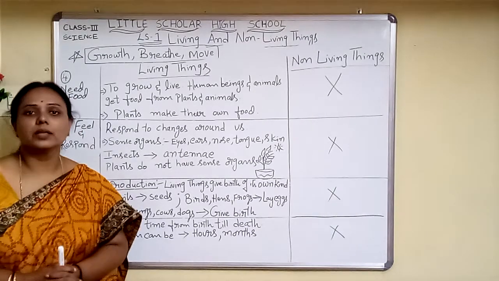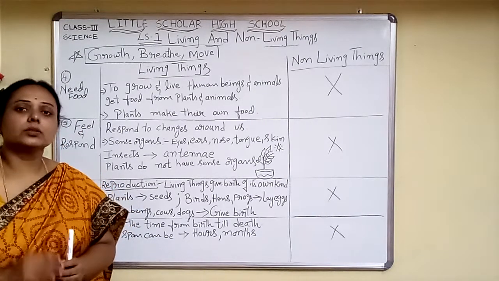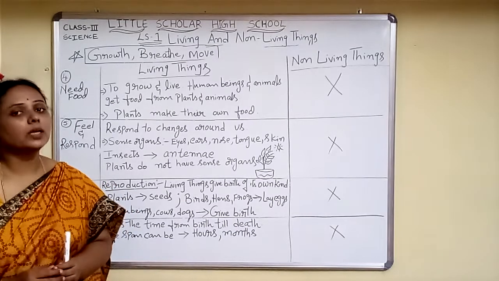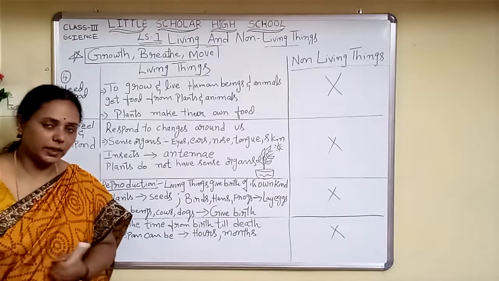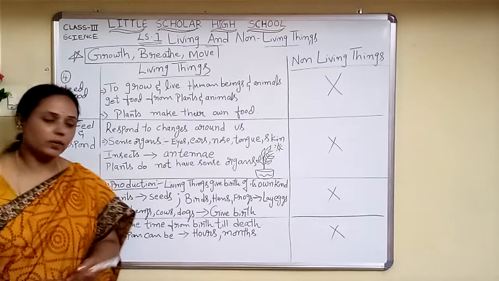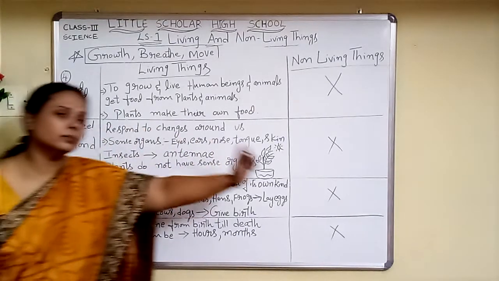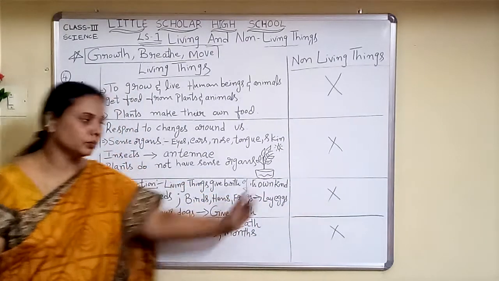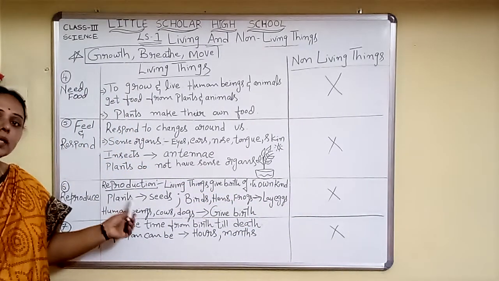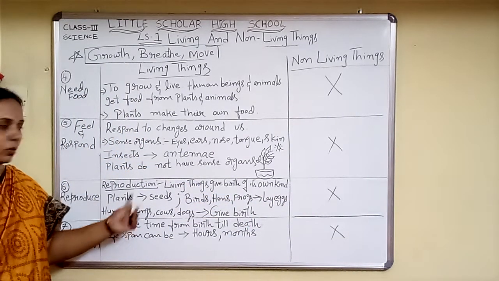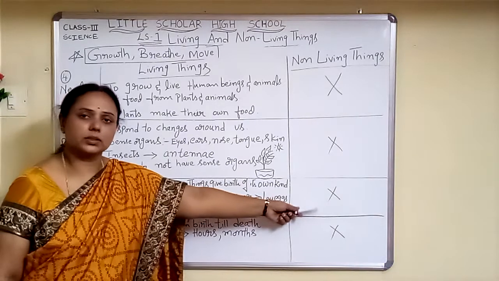Reproduction is nothing but giving birth of its own kind, and it can be of two ways, that is by laying eggs and by giving birth to the young ones. And again we do not find this in non-living things. Here we find the multiplication of the organisms, yes or no? But there is no such thing in non-living things.